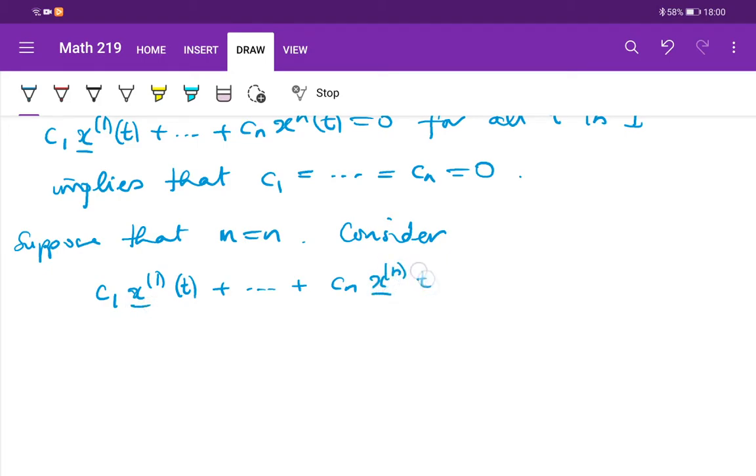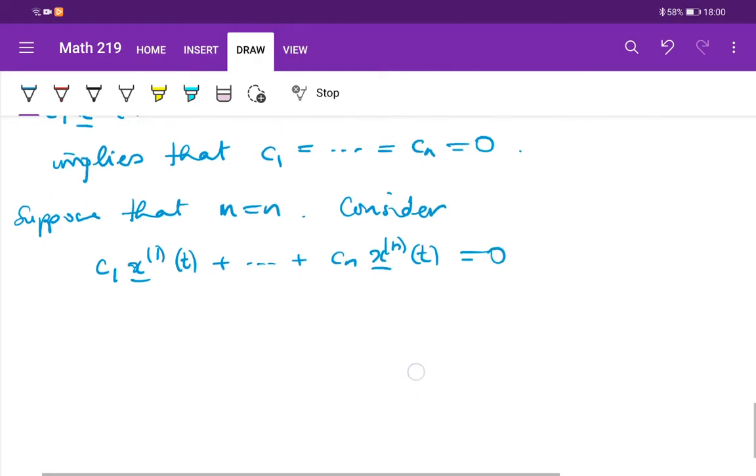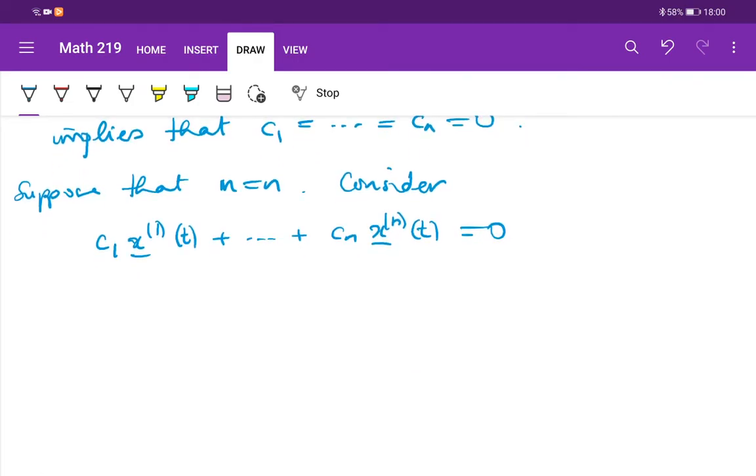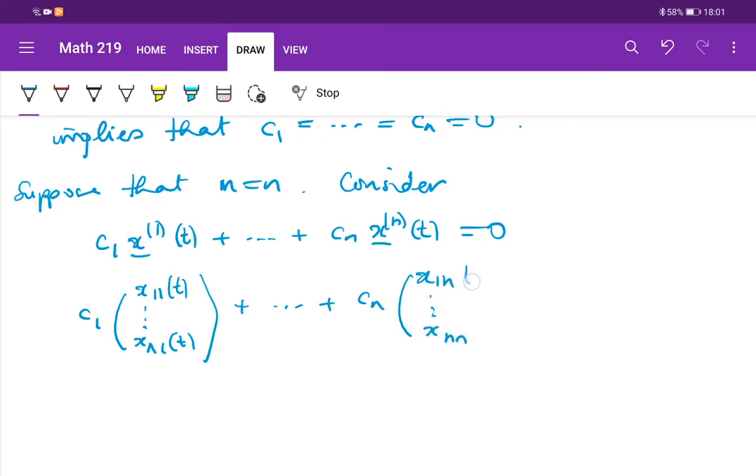We're interested in when this is 0 for every t. This equation, we can rewrite as c1 times the vector (x11 up to xn1), up to cn times the vector (x1n up to xnn). Okay, and this is the 0 vector.